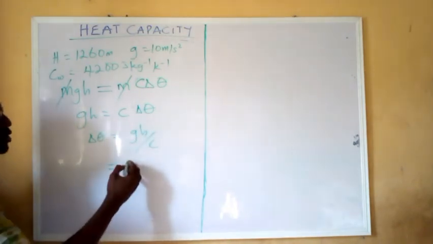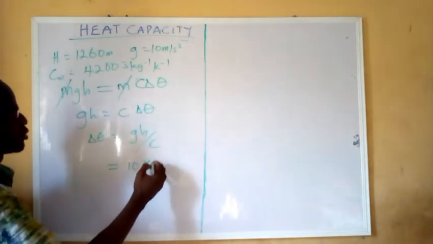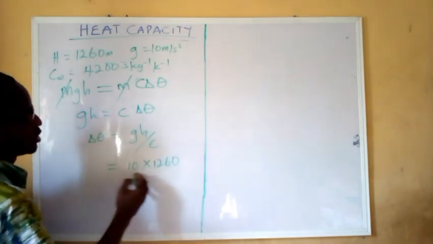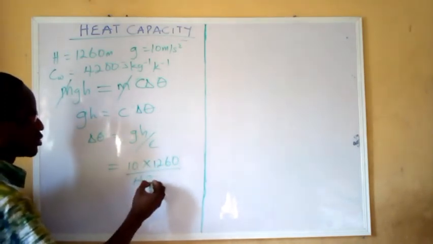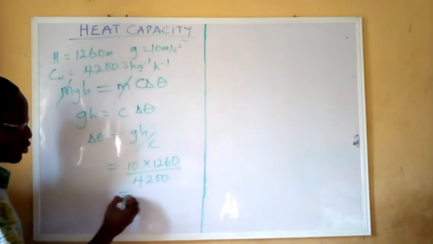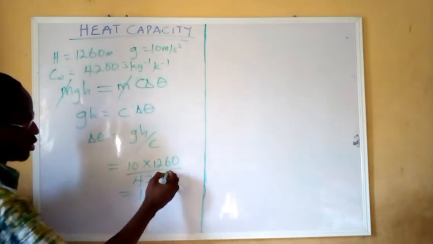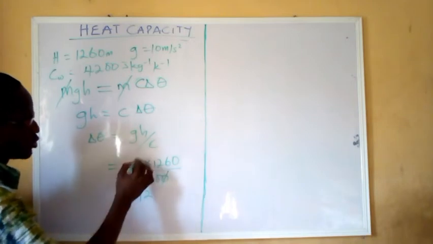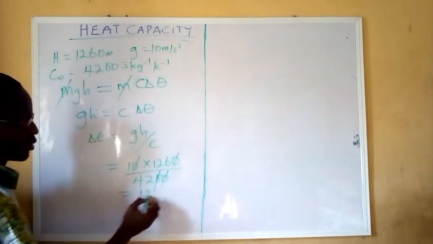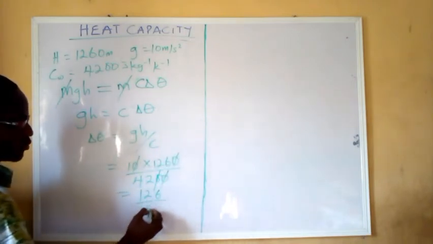So that's going to give us 10 times 1260 all over 4,200. This goes with this, and this goes with this. So we have 126 all over 42.